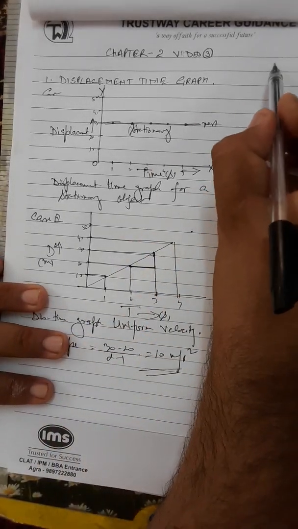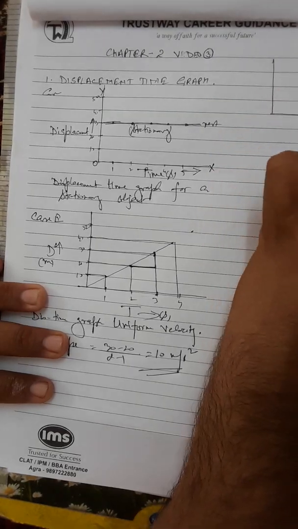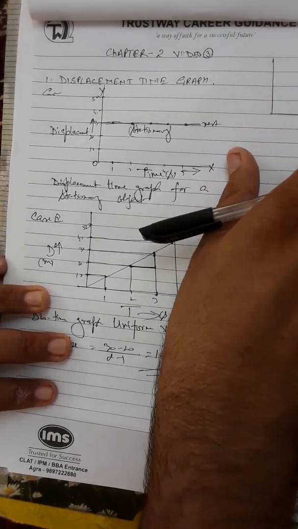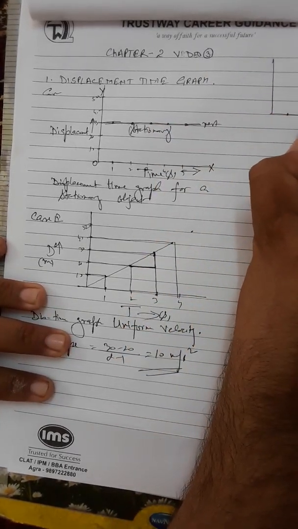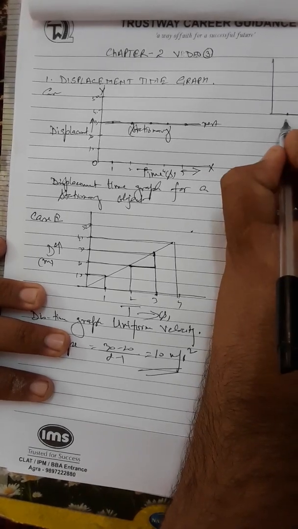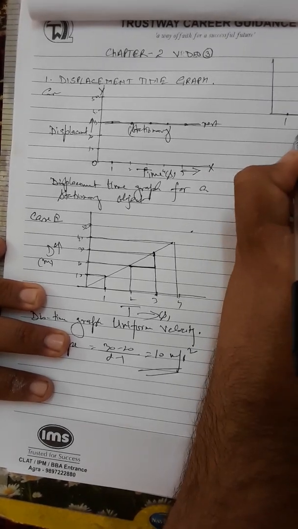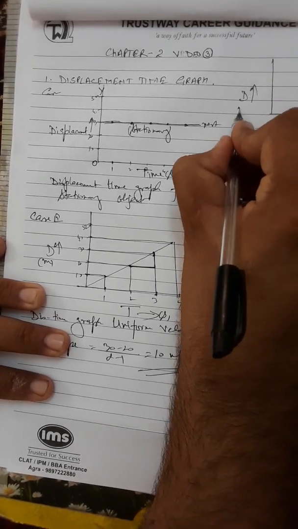Same graph, 1, 2, 3, 4 seconds. Time in seconds and displacement in meters.